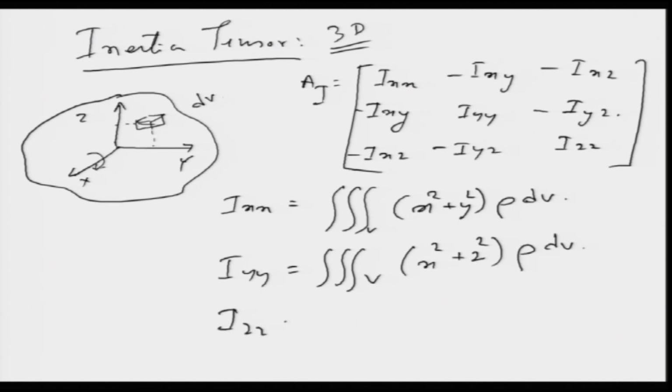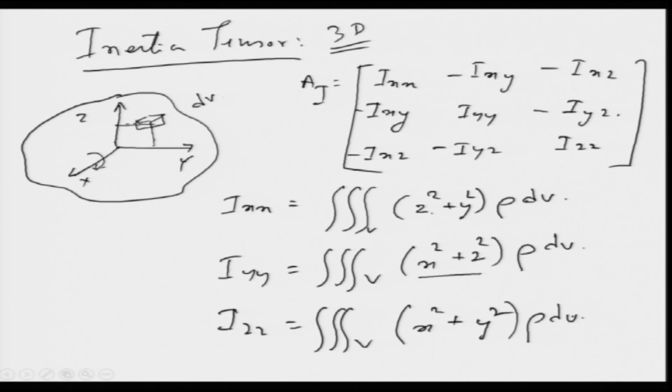Similarly, I zz is equal to the triple integral of x squared plus y squared, times rho dV. So I xx is y squared plus z squared, I yy is x squared plus z squared, and I zz is x squared plus y squared, because essentially it is the distance from one axis and the distance from the other.